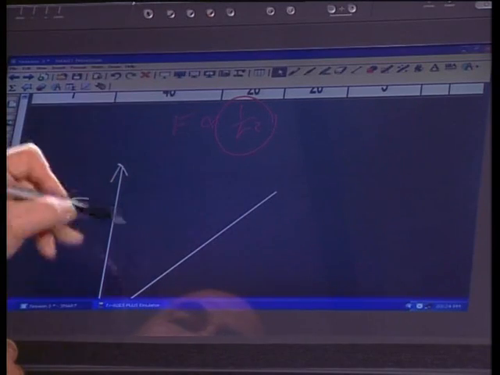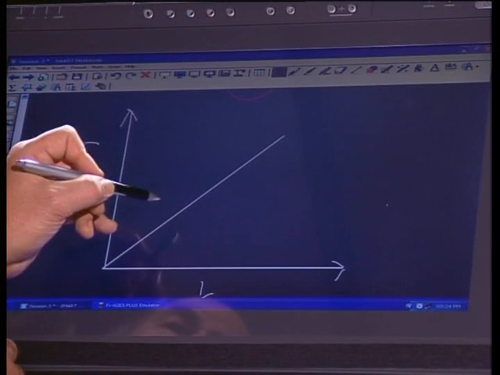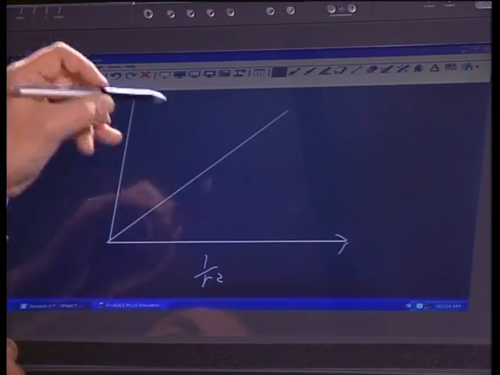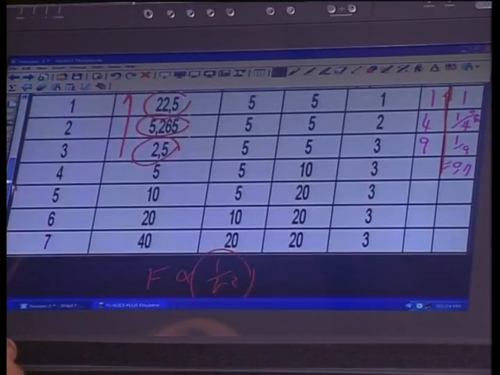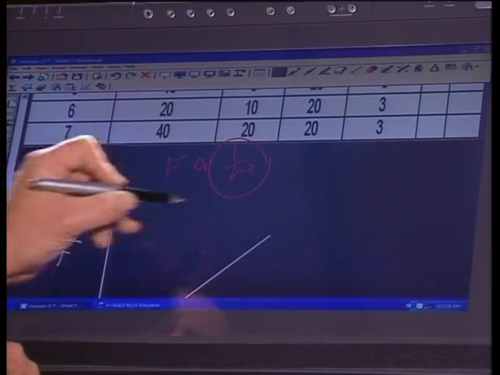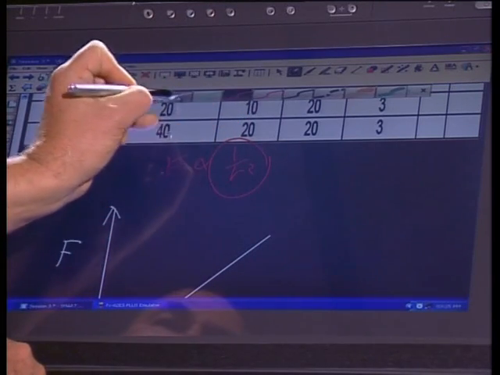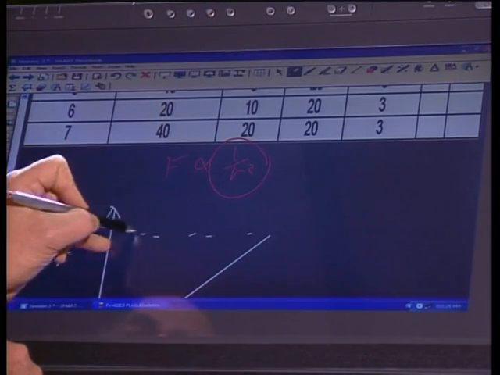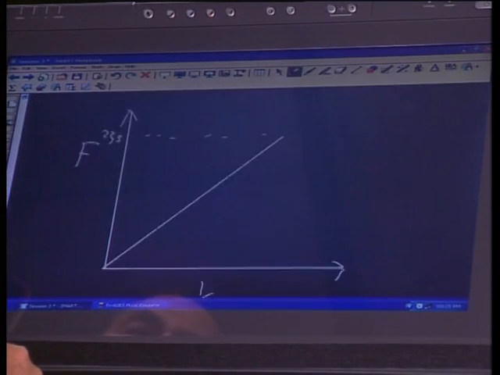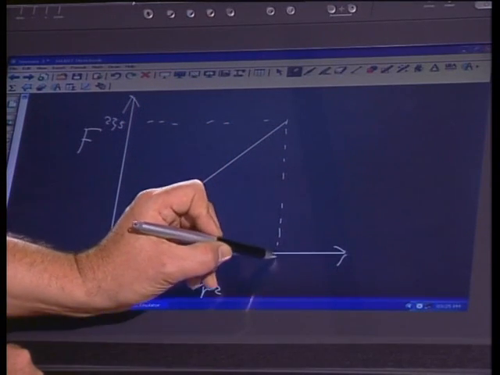So force is directly proportional to 1 over r squared. We're going to get a straight line passing through the origin, and perhaps we just need to put one value in, just to show it. We'd take 1 and 22,5. So somewhere over here, let's put onto our graph 22,5, and the value for 1 over r squared at that point is 1.